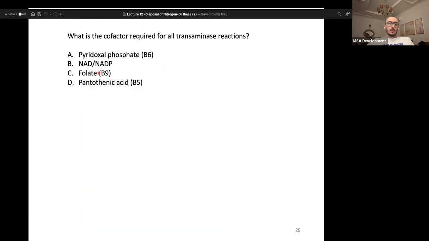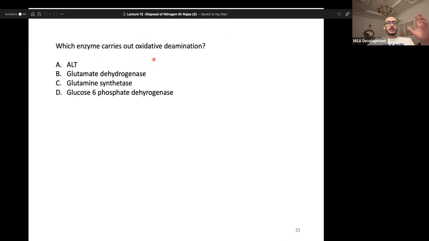Same with the first question we solved here. Transamination reactions are catalyzed by the enzymes transaminases, or ALT and AST. ALT and AST rely on the cofactor pyridoxal phosphate, which is vitamin B6.